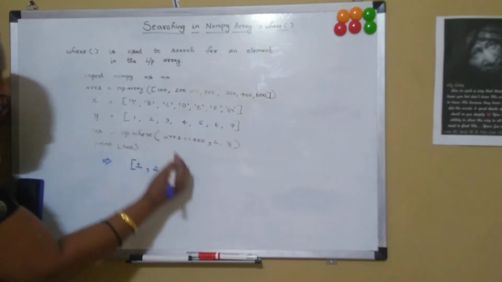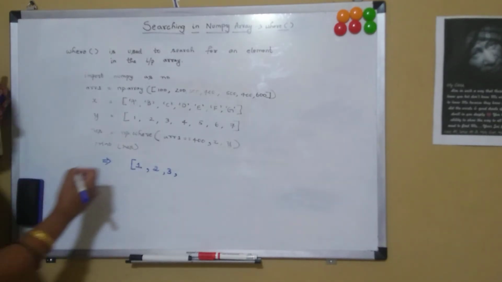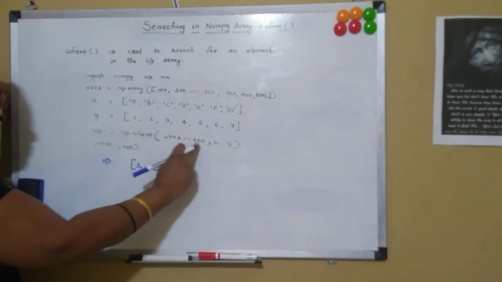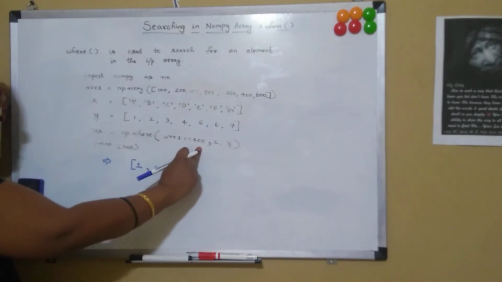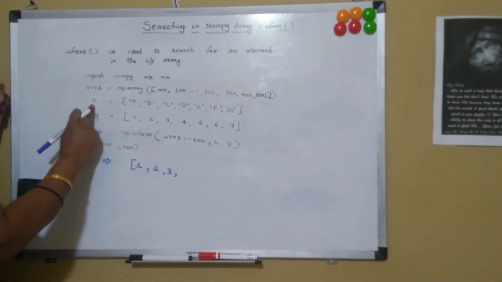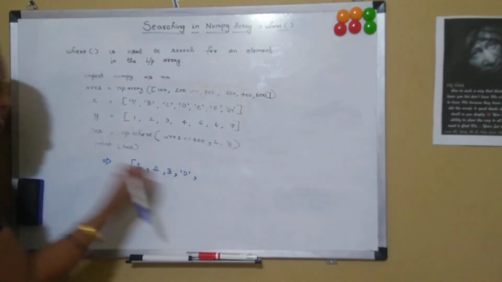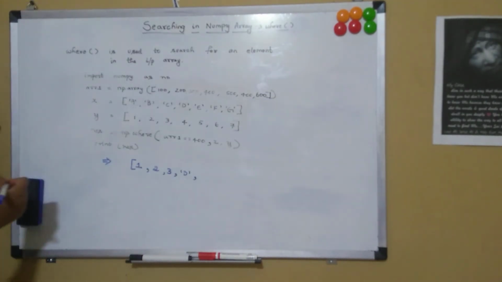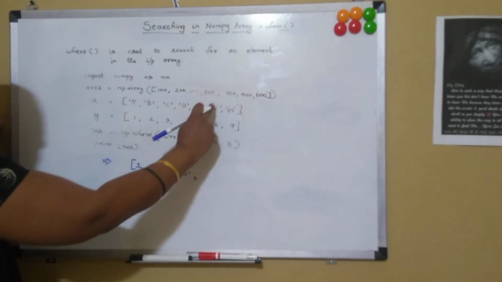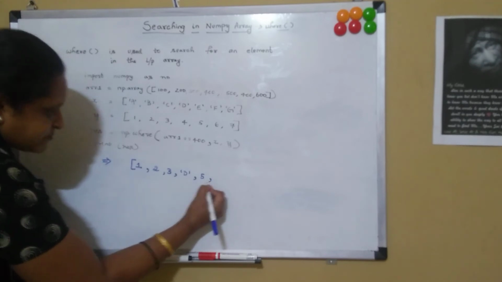So it will print 3 from the false list. 400 is equal to 400. The condition is true. So it will print D, the value from the true list. And again 500, it is false. So it will print 5 from the false list.